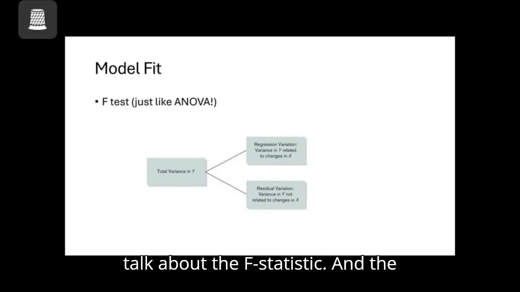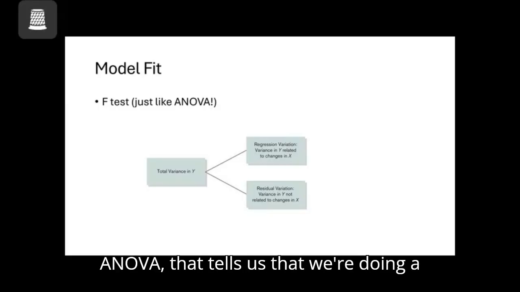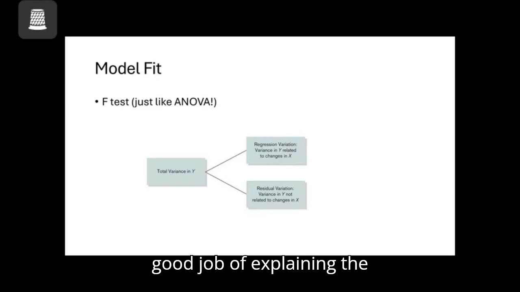You talk about the F statistic. And the important thing to know there is if you have a significant F test, that tells us, just like the F test in ANOVA, that we're doing a good job of explaining the variability in our outcome variable. All right, so this is it for regression.